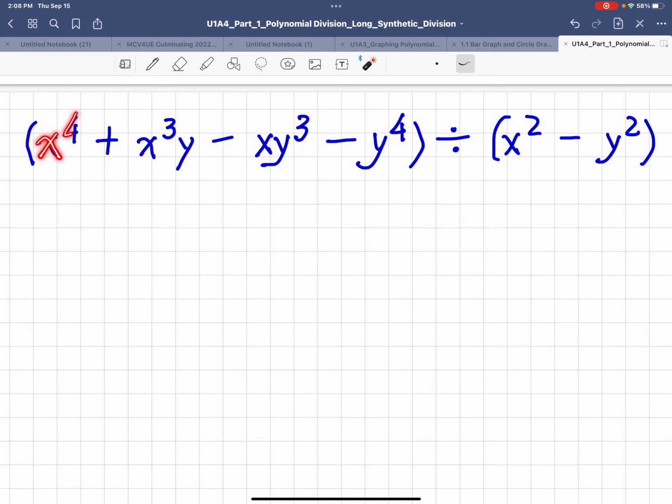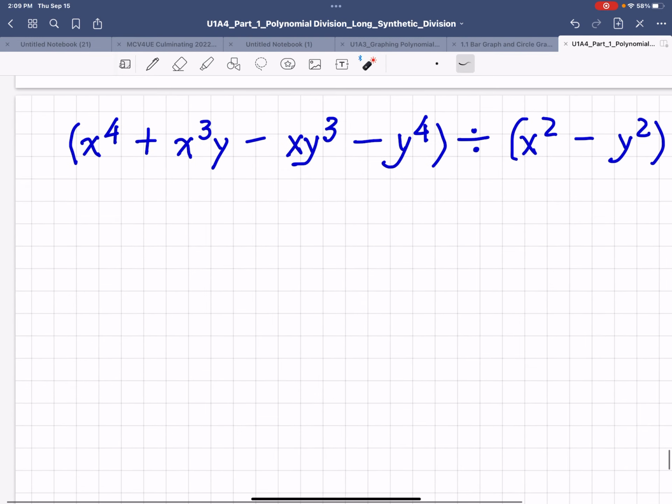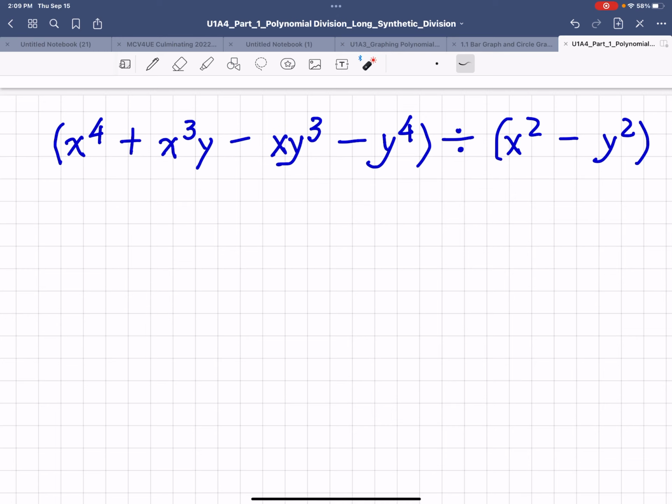I'm going to say that the variable x will be our primary variable. And then we're going to list all the possible terms in this polynomial expression, keeping in mind that for every consecutive term, the power of the variable x, which starts with 4, must decrease by 1, so x to the power of 3, then x to the power 2, x to the power 1, and so on.